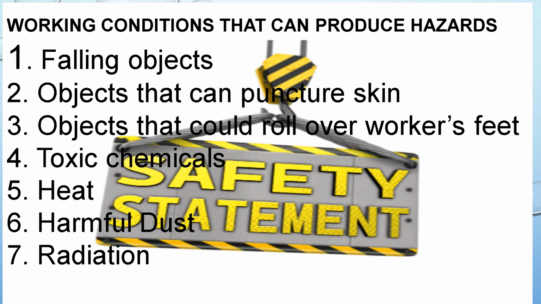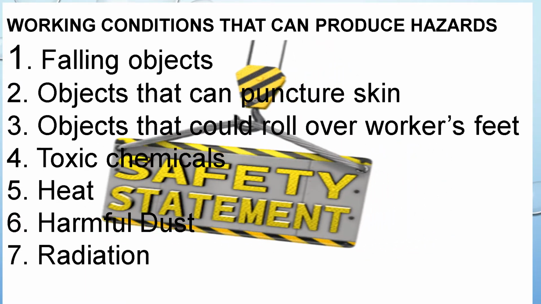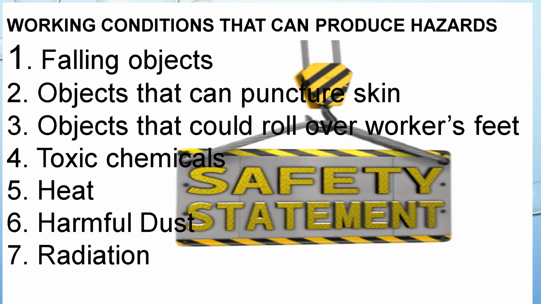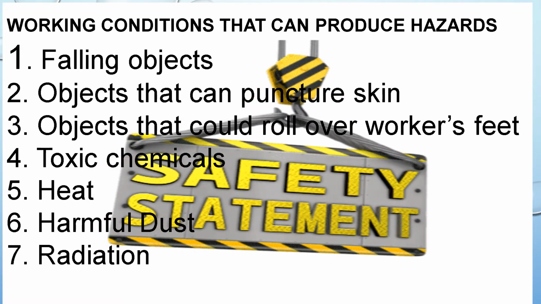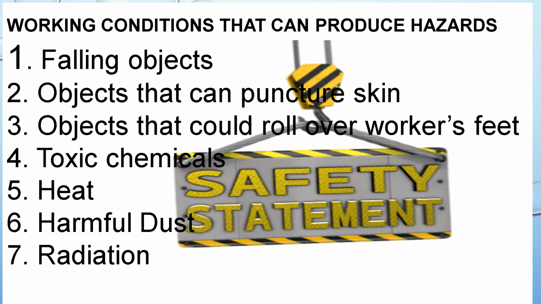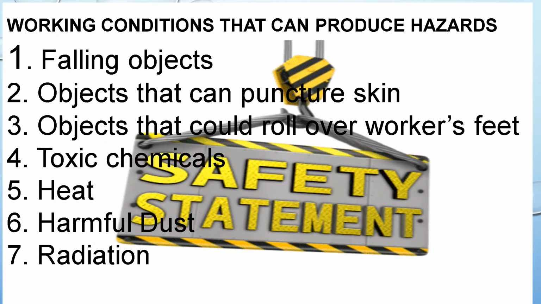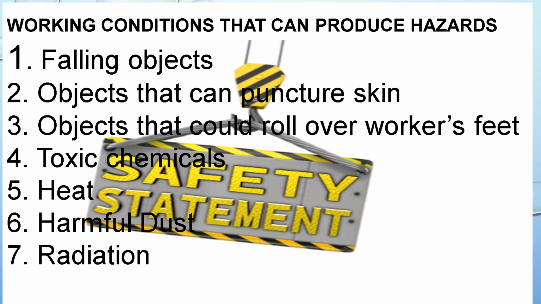Third, objects that could roll over workers' feet. Fourth, we have toxic chemicals. 5, the heat. And 6, harmful dust. And lastly, we have the radiation. So, you should avoid these 7 in workplace.